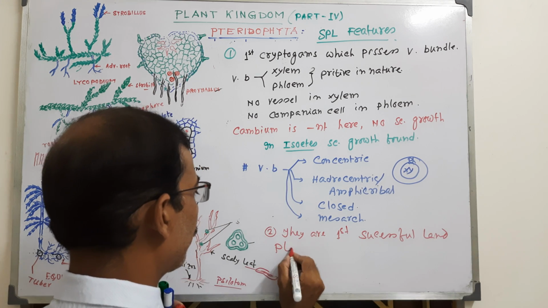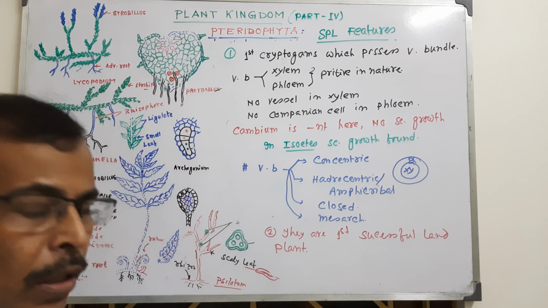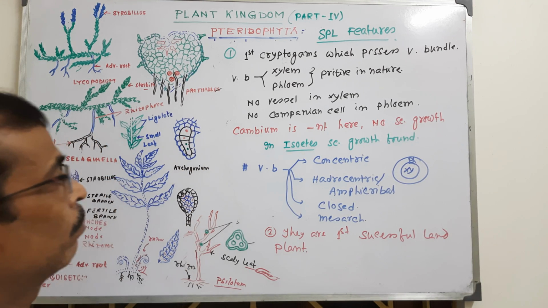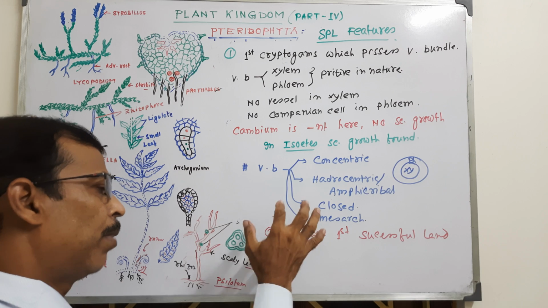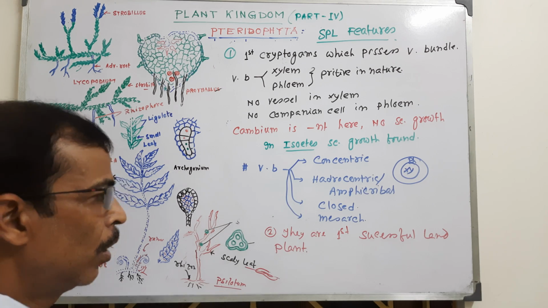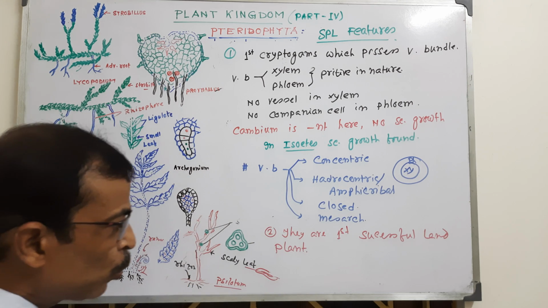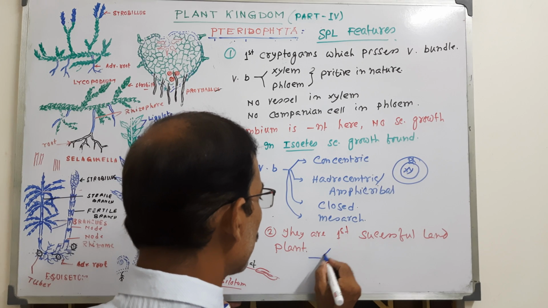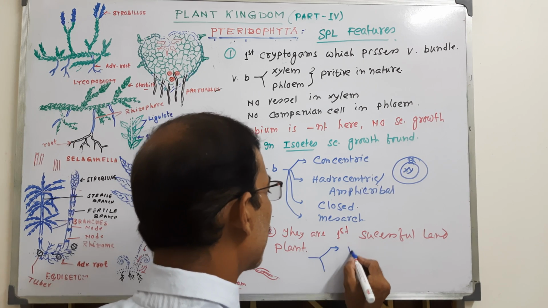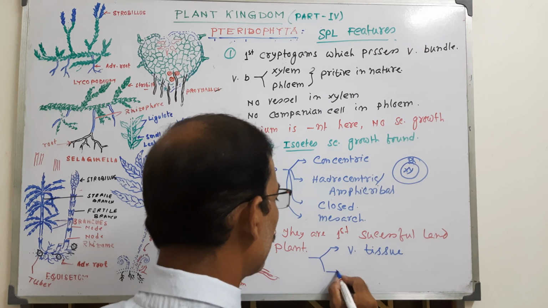Look here, actually in bryophyte class I have told you that bryophyte is a first land plant but not successful, but here it is the first successful land plant because of the presence of vascular tissue, number 1, and number 2, presence of root.